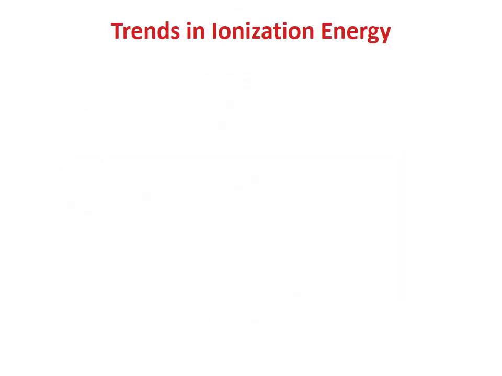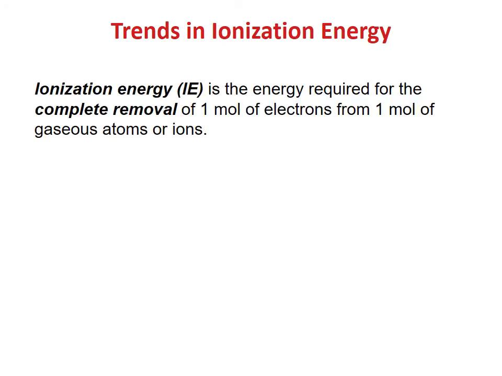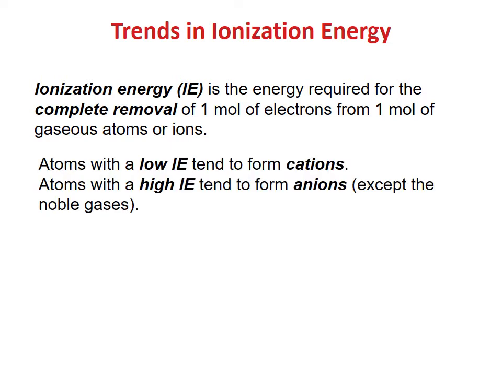In addition to atomic size, ionization energy also changes periodically. Ionization energy is the energy required for the complete removal of 1 mole of electrons from 1 mole of gas atoms or ions. Atoms with a low ionization energy tend to form cations.